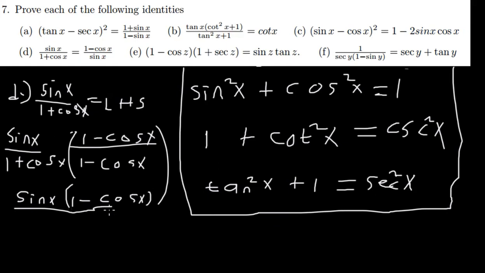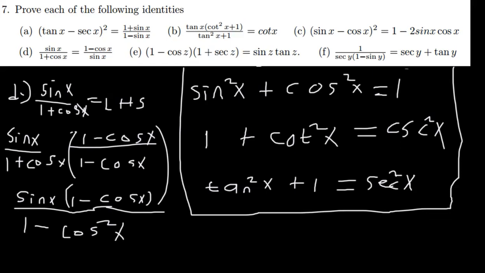The difference of two squares on the denominator can be written as 1 squared, which is still 1, minus cos times cos, which gives cos squared x.